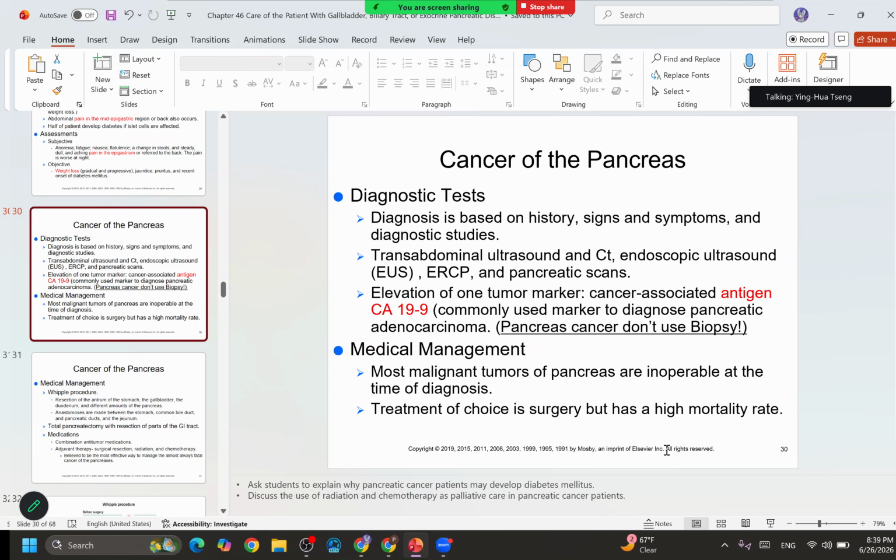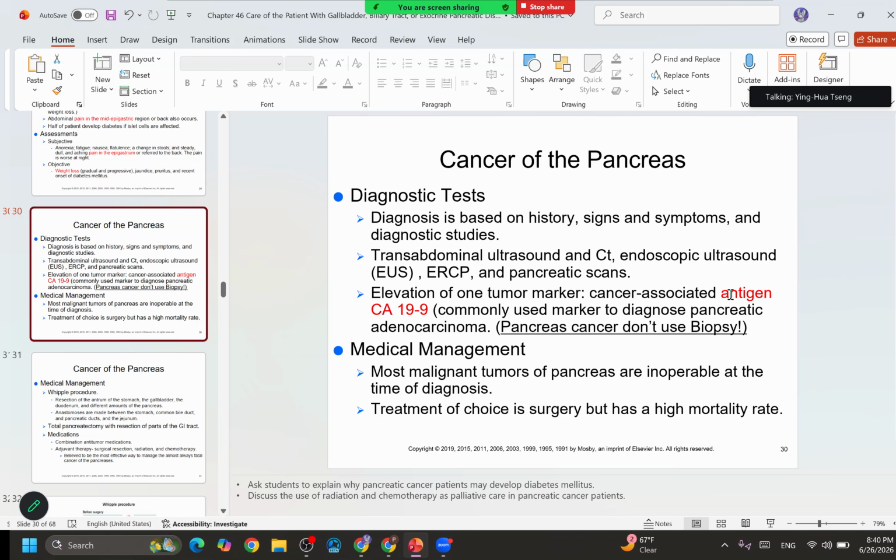So this is the reason why for the pancreas we don't use a biopsy. But it doesn't matter because now the timing is so good. When we draw the blood, we can find out very easily if you have pancreas cancer, through what we call the cancer antigen CA19-9.